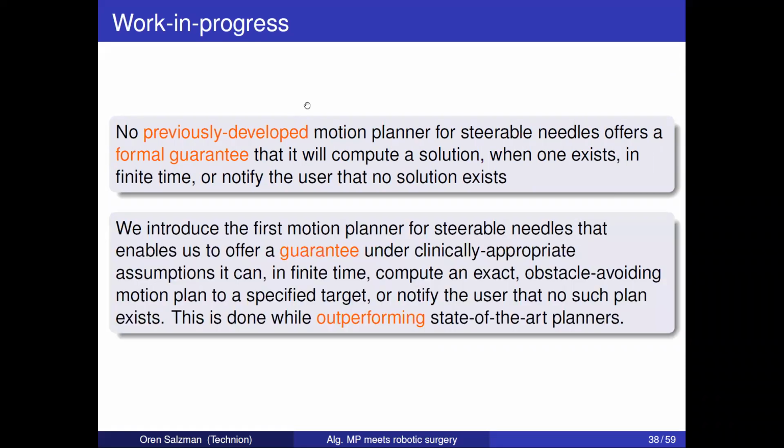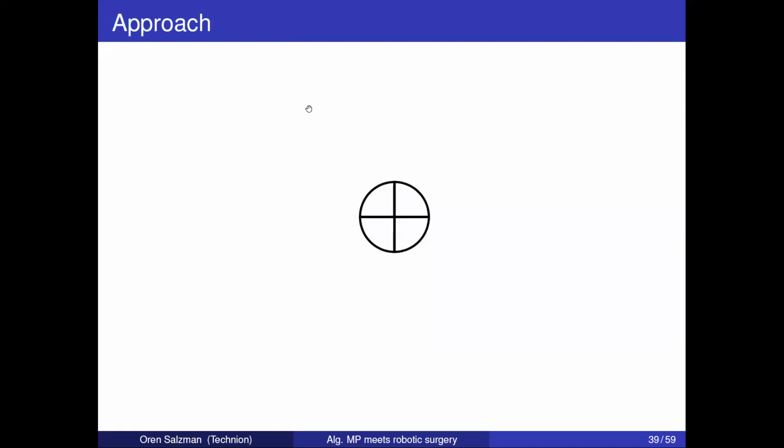In this line of work, we introduce the first planner for these types of systems that, under clinically appropriate assumptions, which is really cool, can guarantee in finite time if a solution exists, and if so, report it. Not only that, in contrast to the previous example where we had a bunch of theory but it was irrelevant, this is done while outperforming state-of-the-art planners. And I'm going to give you some intuition on how this is done.